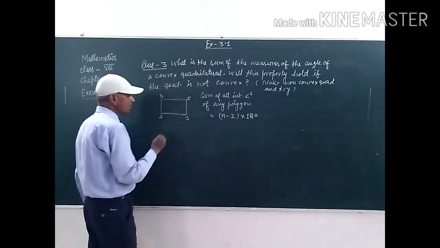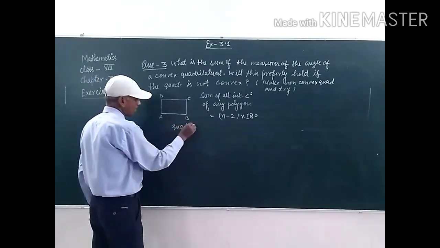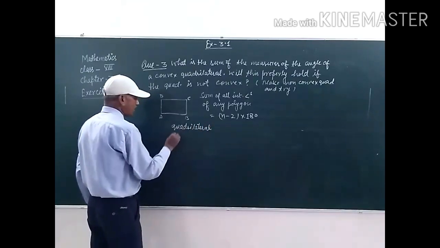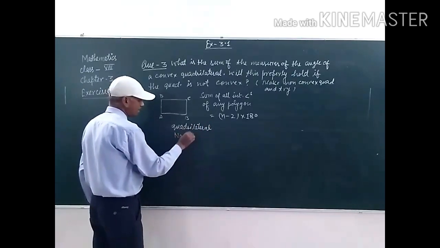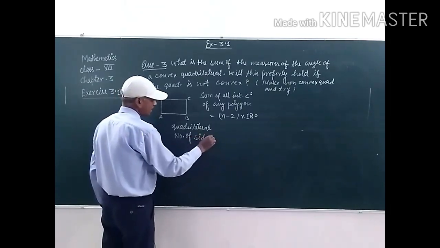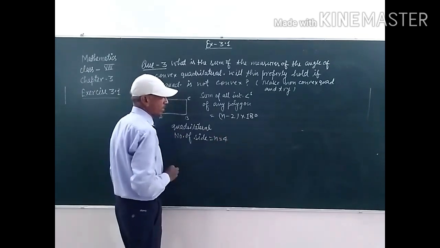So this is a quadrilateral, student. So the number of sides, that is n, is equal to 4 here.